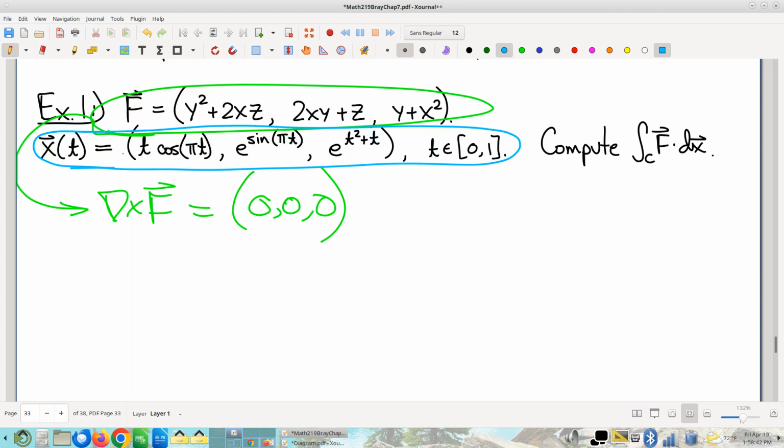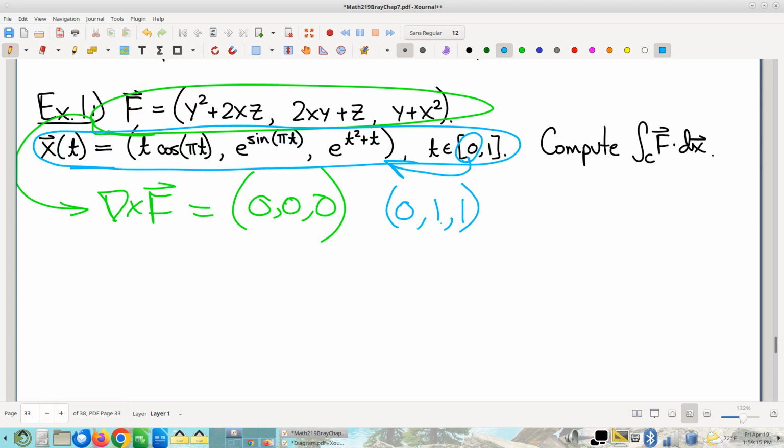And this being parameterized, I'm just going to take my starting value of t and plug it in and see what I get. And then I'm going to take my ending value of t and plug it in and see what we get. I don't remember how this worked out, so let me think this through real quick. My starting point, plugging in t equals 0: 0, e to the power of 0 is 1, and then again with the 1.